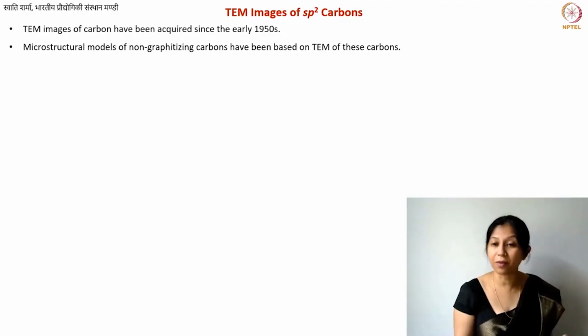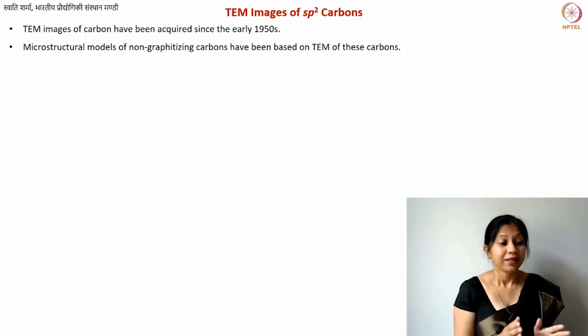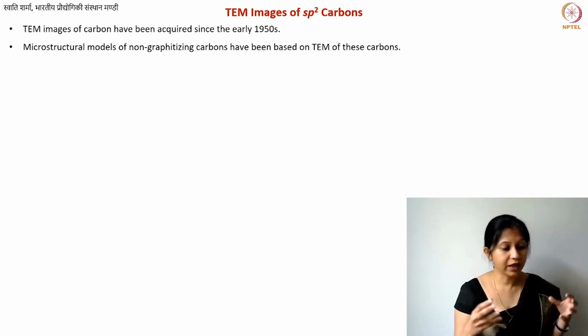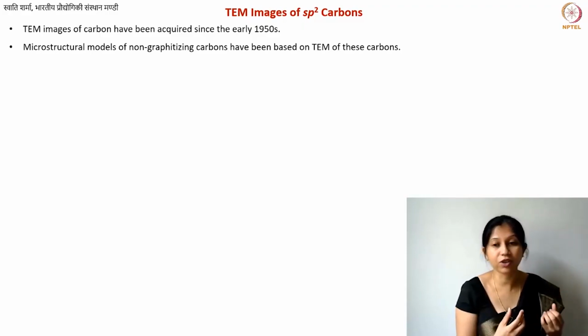And a lot of carbons are non-graphitizing. We know that now. The discovery of non-graphitizing carbons, how we understood the microstructures, or when microstructural models were proposed, many of them were very strongly related to TEM imaging.